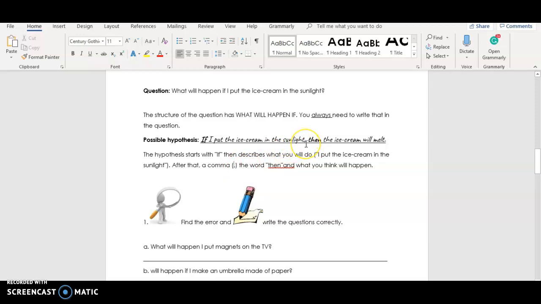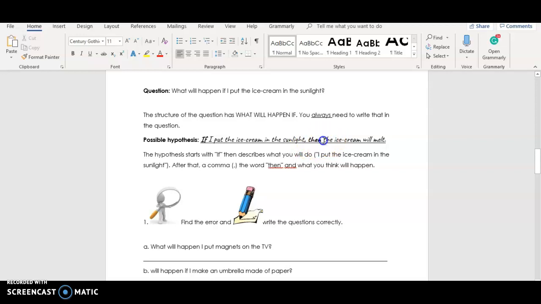So the comma goes after you put the part that is from the question. And then comes the word then. Where? After the comma. Where do you put then? After the comma.